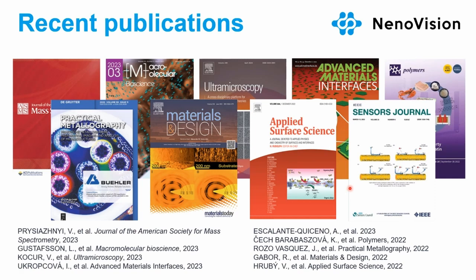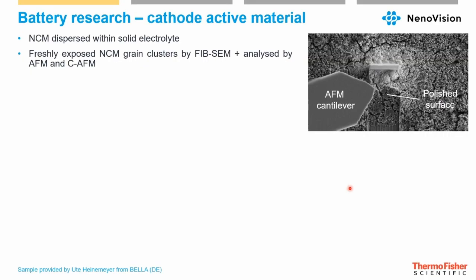You have seen several times today when I was talking about battery research, cathode active materials. I will show it once more in more detail, because this is an extremely hot topic. Once you are working with batteries and you use cathode active materials like NCM, which are dispersed in the solid electrolyte, it's again an extremely air sensitive material.